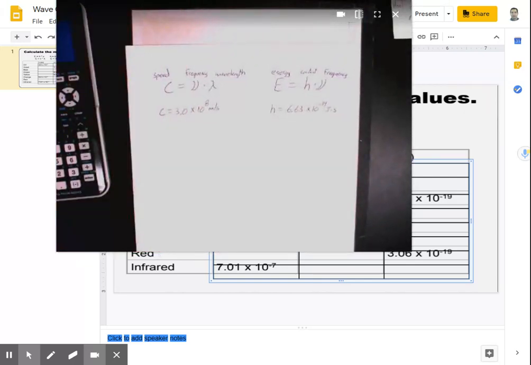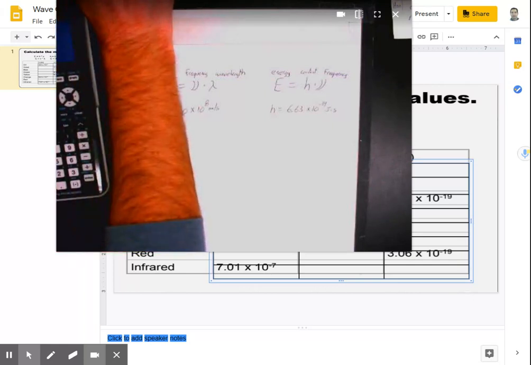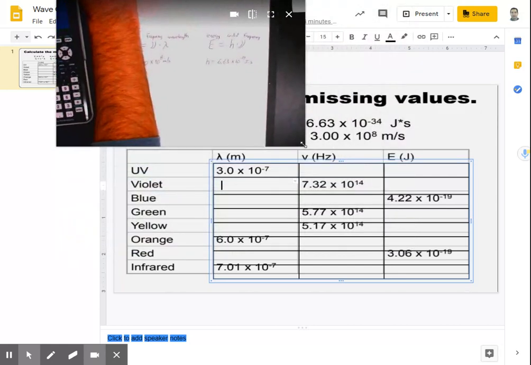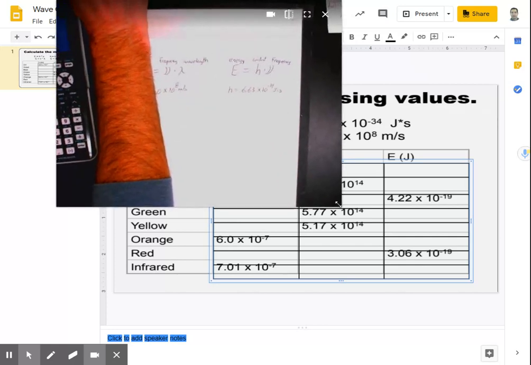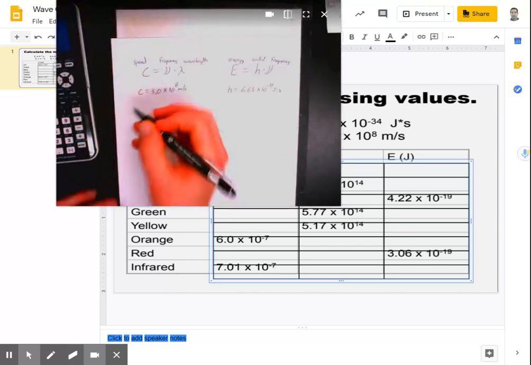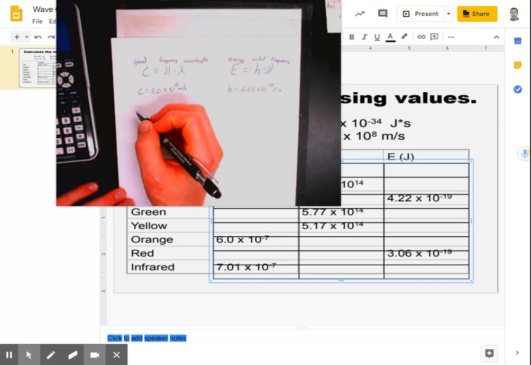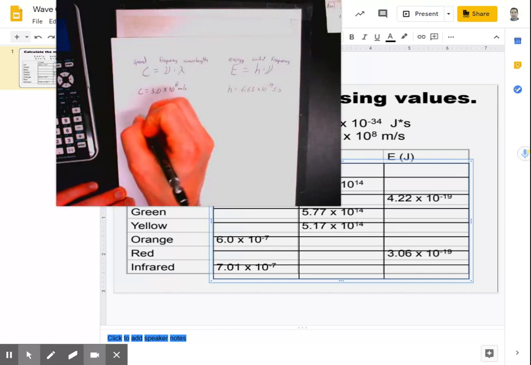Okay, so here we have our equations and our constants, and let's snag one of these values off of our sheet. Let's use the green frequency. So it's a frequency of 5.77 times 10 to the 14th.